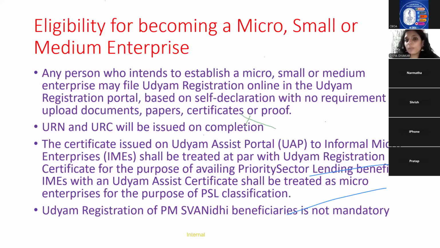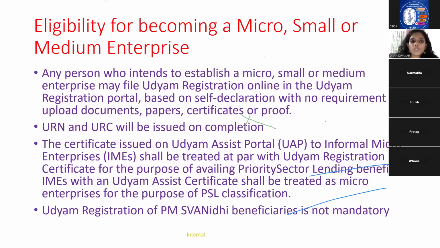It is based on self-declaration with no requirement to upload documents, papers, or certificates of proof. Initially, you don't have to do anything, you just have to self-declare, and you will receive the URN, and the URC will be issued on completion.